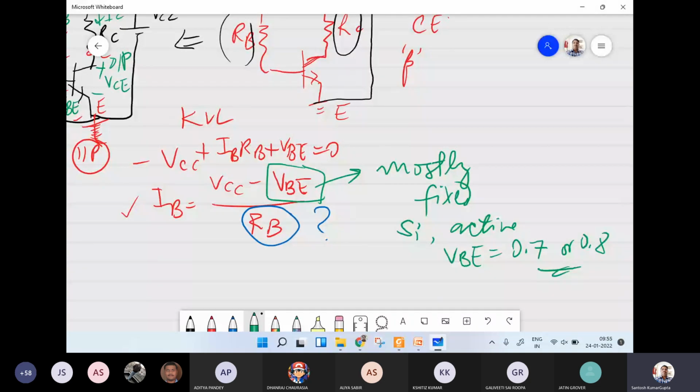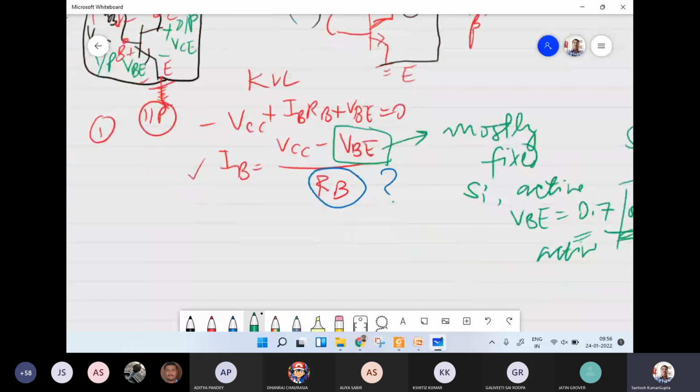So sometimes it is taken as 0.7, and sometimes it may be taken as 0.8, as stated. If not stated, then we can take it as 0.7. In saturation, I think we have seen that it is 0.8, and in active region it is 0.7. Okay, so it will be stated. We can find that out from there.